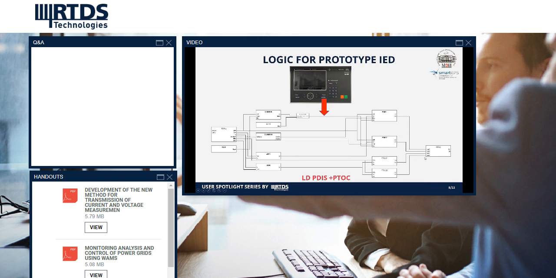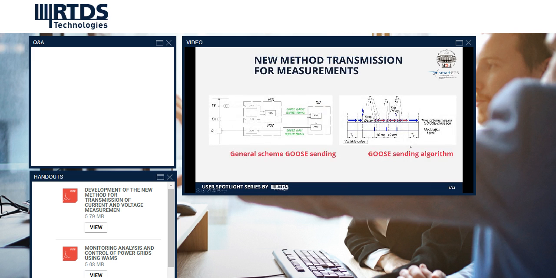Logical node PTRC is designed to merge the signals of operation and start of logical devices PTOC and PDIS. You may find a detailed description of the presented logical nodes in IEC 61850 chapter 7.4.